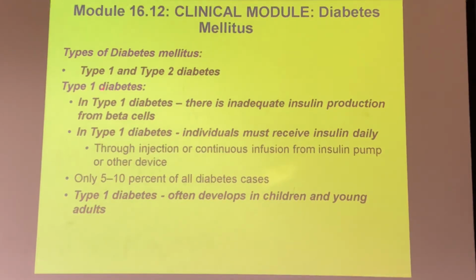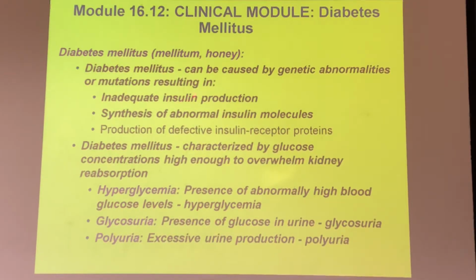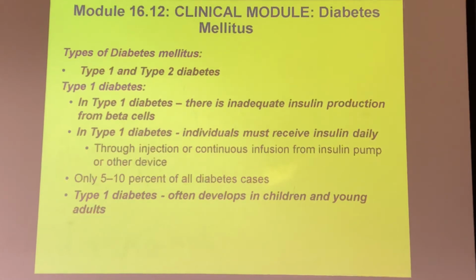So these are all the signs of diabetes. There are two types, type 1 and type 2. Type 1 is inadequate insulin production, so these patients receive insulin daily. Type 1 diabetes often develops in children and young adults, so it is usually diagnosed in teenagers or younger.